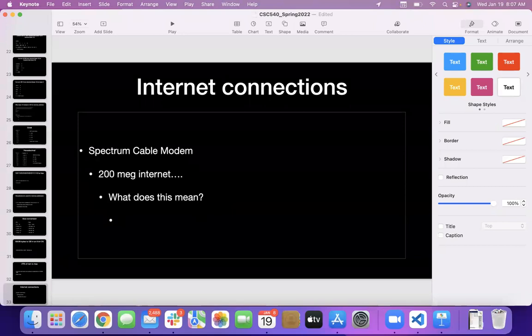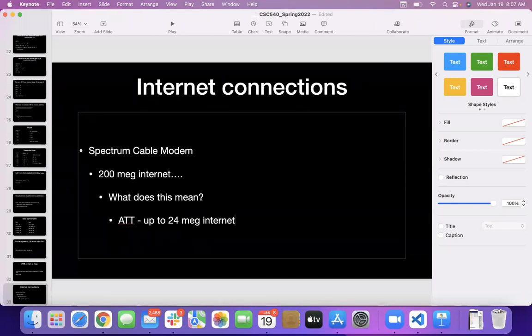Well, they really want you to compare this to AT&T's up to 24. A lot of times they'll compare it differently, I guess, but let's just say 24 meg internet, something like that.